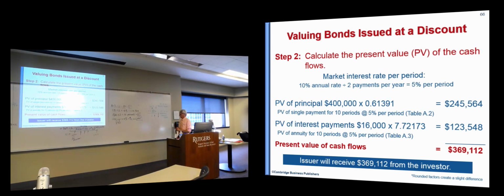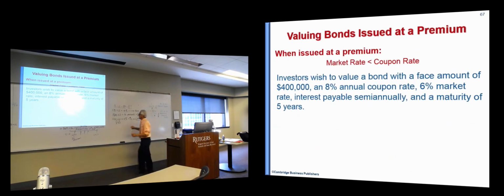Let's do one more and see if you have any questions. We're now going to go to a premium case. And as I described to you earlier, the market rate is now going to be 6%. So you go to market with an 8% bond, and the market's only giving 6. So semi-annually, you're going to give me 4, but the market rate is 3% semi-annually.